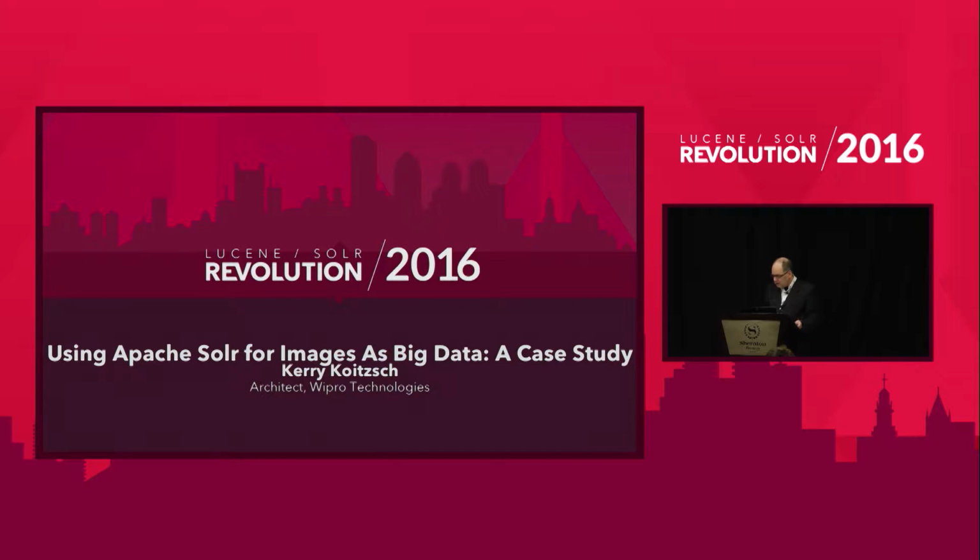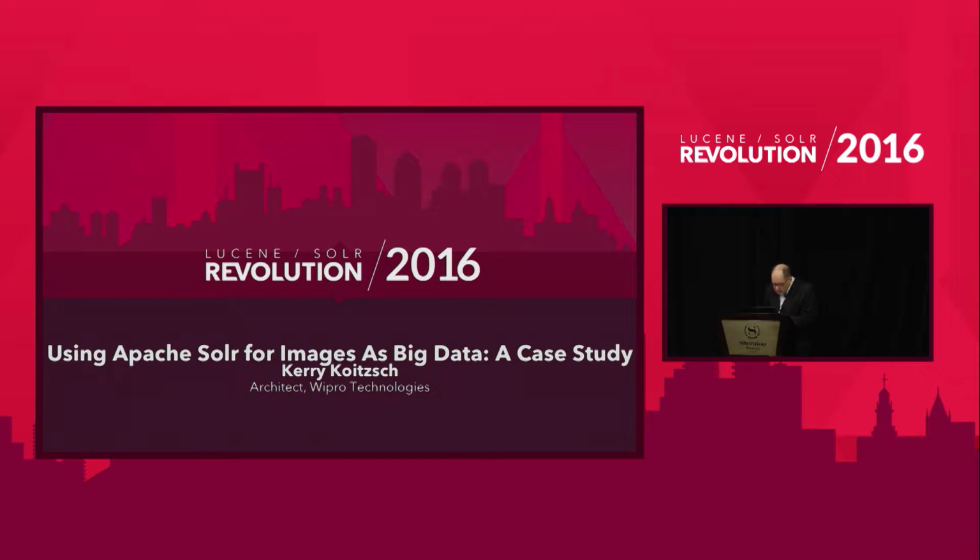But the other attributes, velocity, variety, veracity, the big 4 V's of big data, they're all there as well. So with that realization, we wanted to focus in on images as big data and evolve a toolkit using standard components and see what happened.